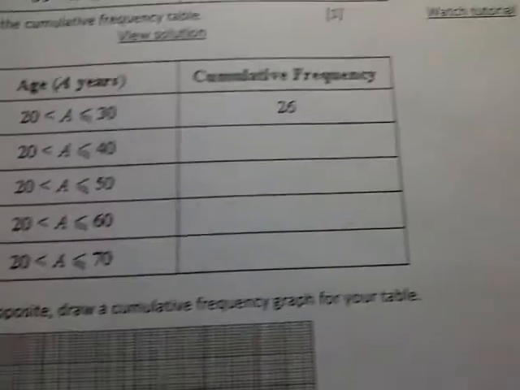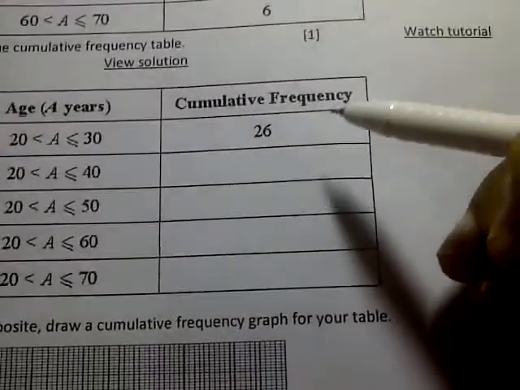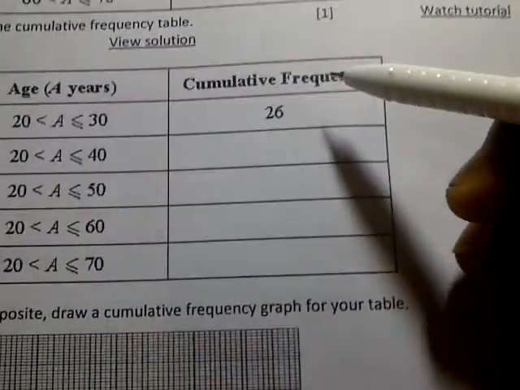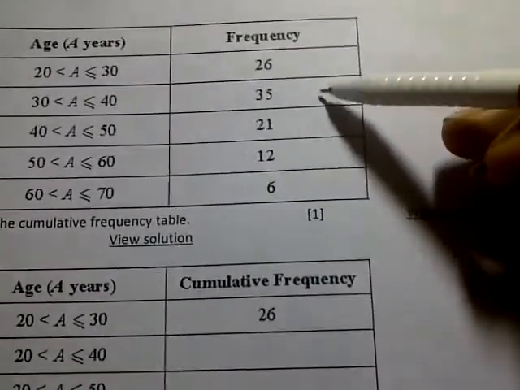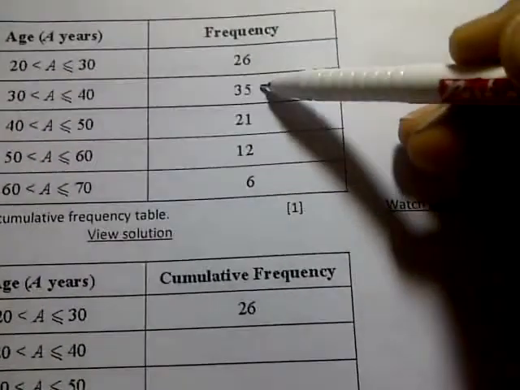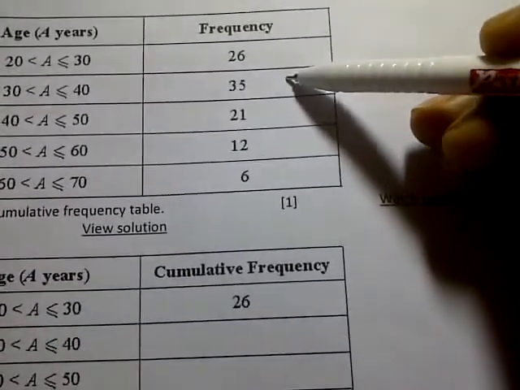Now first of all, we have to understand what we mean by cumulative frequency. Cumulative frequency, as the name implies, is more like adding up all the frequencies at each turn. For the second one, we add the cumulative of the 1st and 2nd frequencies.